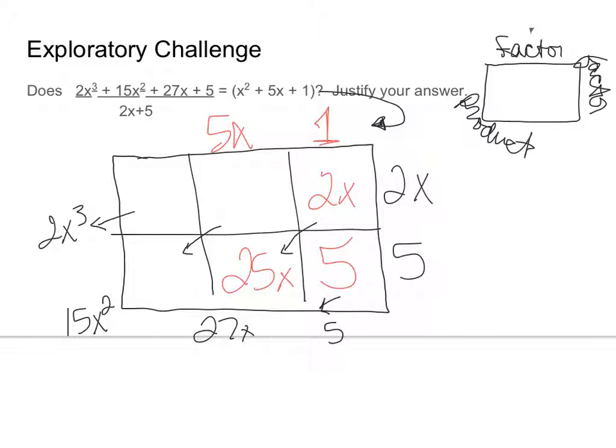We know that 5x times 2x equals 10x squared. 10x squared plus what equals 15x squared? 5x squared. 5 times what equals 5x squared? It's going to have to be just plain old x squared. Double check your work. x squared times 5 is 5x squared.